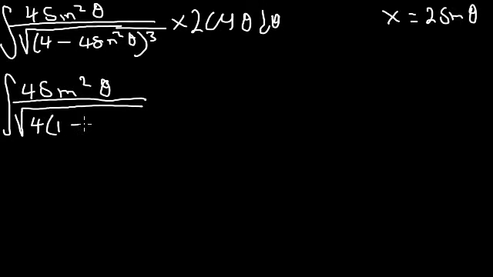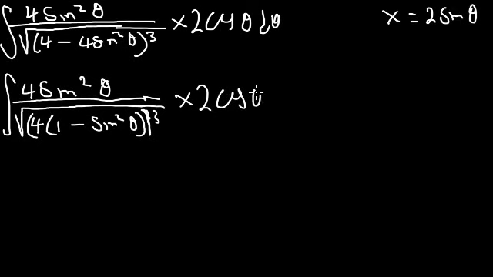Now we're left with 1 minus sine squared theta, all raised to the power of 3. However, I will need to have another bracket because the 4 is affected by the 3 as well. Perfect. So I still have to be multiplying 2 cosine theta d theta. Very good. Now, we will need to replace 1 minus sine squared theta, which is the same as cosine squared theta, by the trigonometric identity.